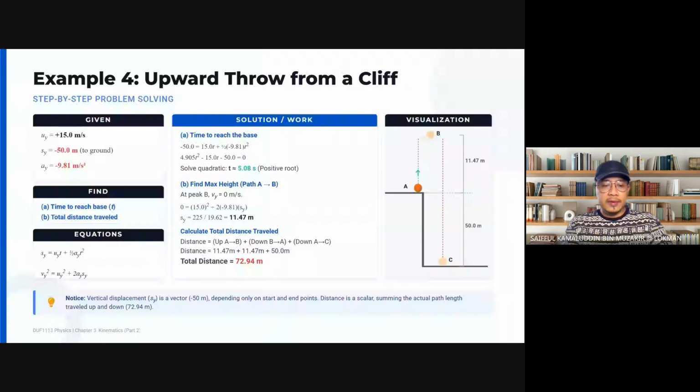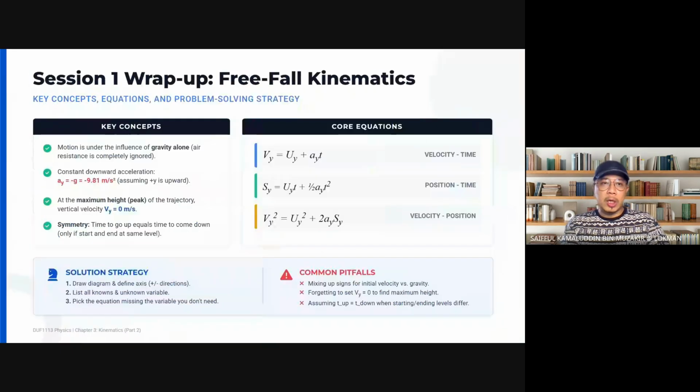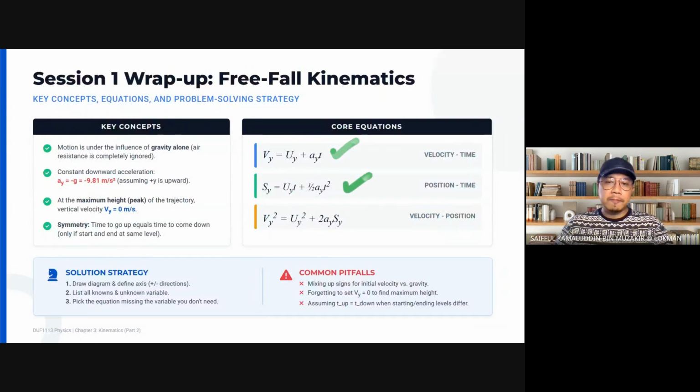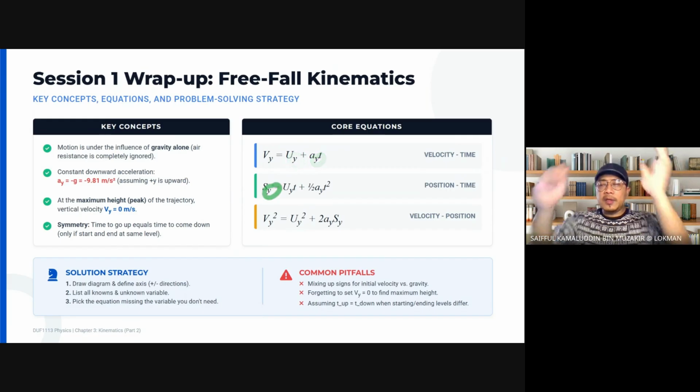Now, we have done discussing the first part of free fall, right? Again, this is just a wrap up of whatever we have learned. We have only three equations: Vutat, Sutat, Vuzas. Right? Remember, we just need to add the Y component for free fall. Why? Free fall is falling downward.